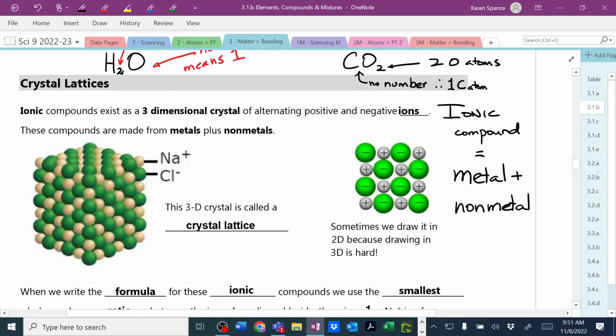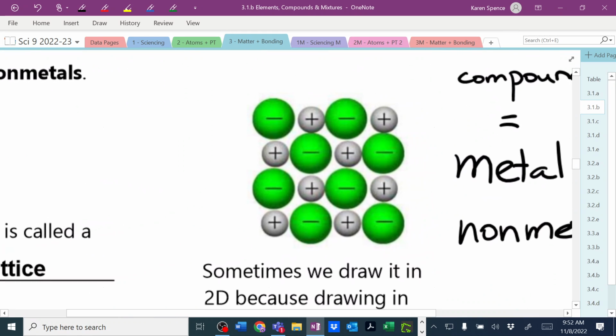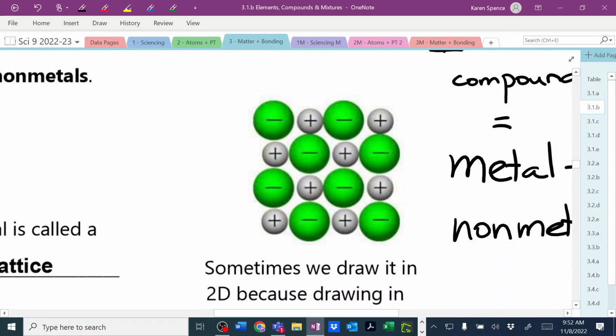So, okay. This is called a crystal lattice, and I cannot draw in 3 dimensions. So very often what we'll do is we'll take a slice of that crystal lattice. It would be as though we took one single layer of this to draw it, and we have alternating sodium ions.